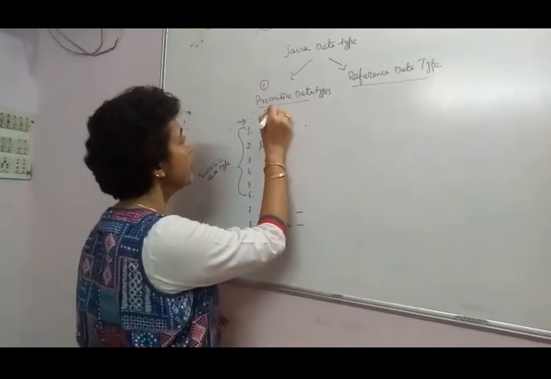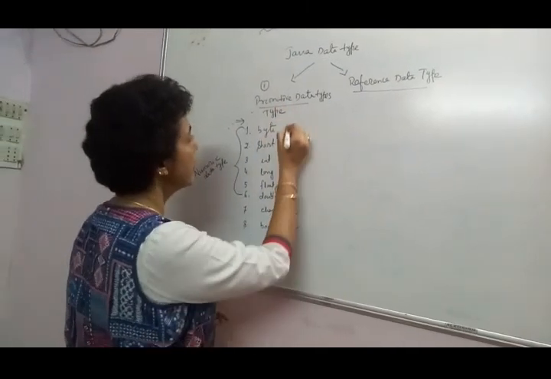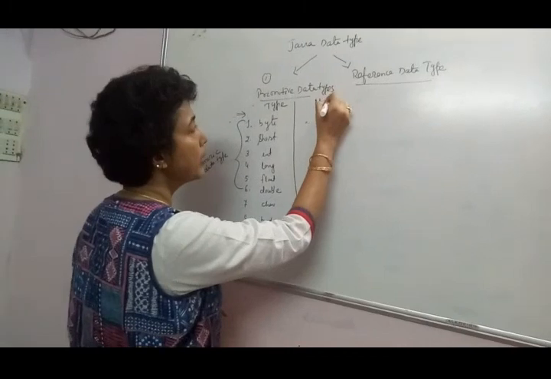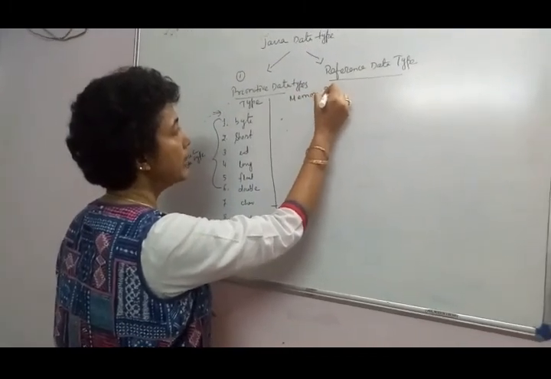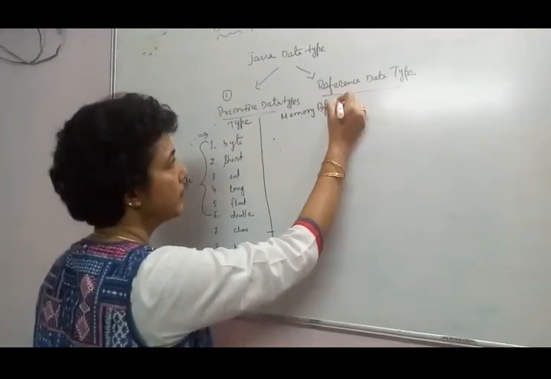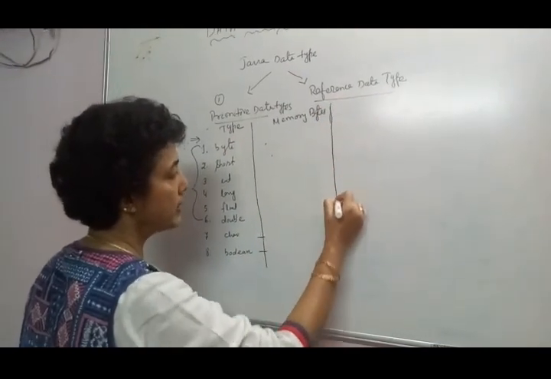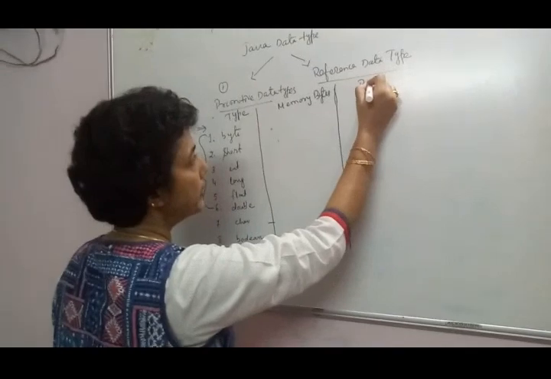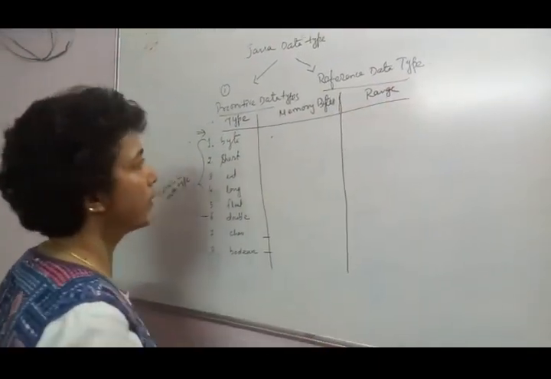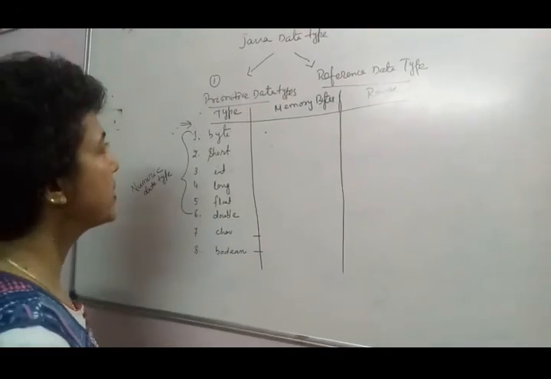So let me make a table-like structure. This is the data type, then memory bytes, and range.